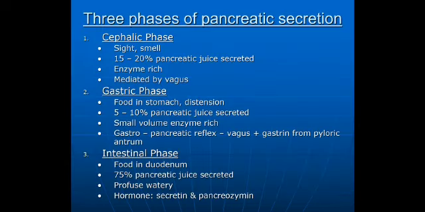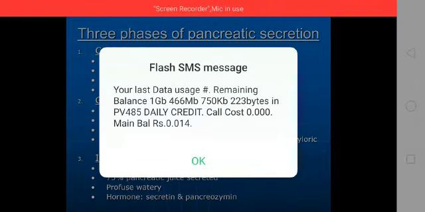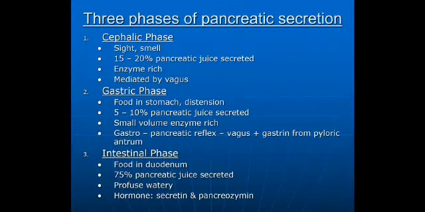What are the phases? There are three phases of pancreatic secretion. The cephalic phase. In this phase, the sight, the smell, and taste of the food stimulates the brain to send efferent impulses through the vagus nerve to the pancreas.